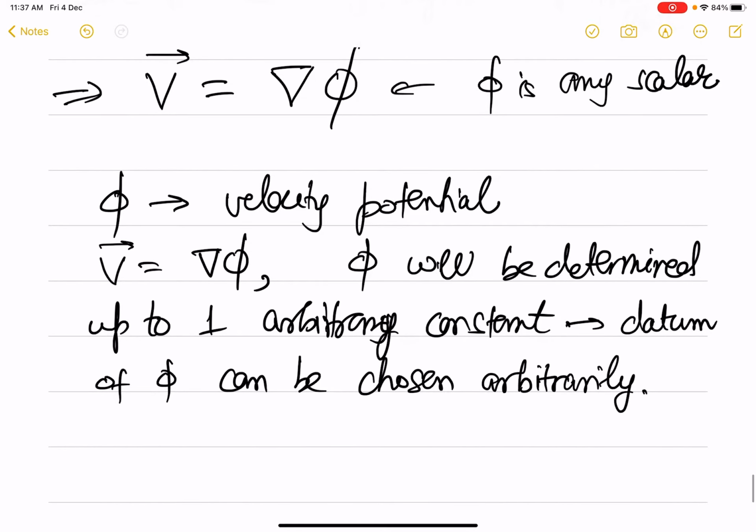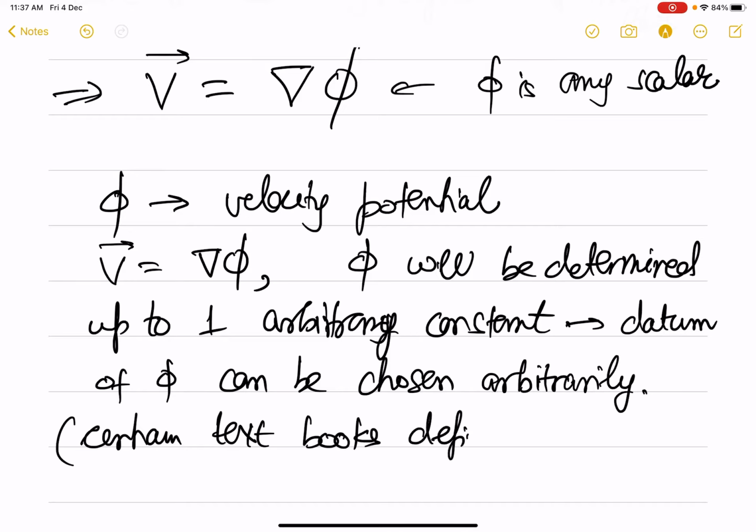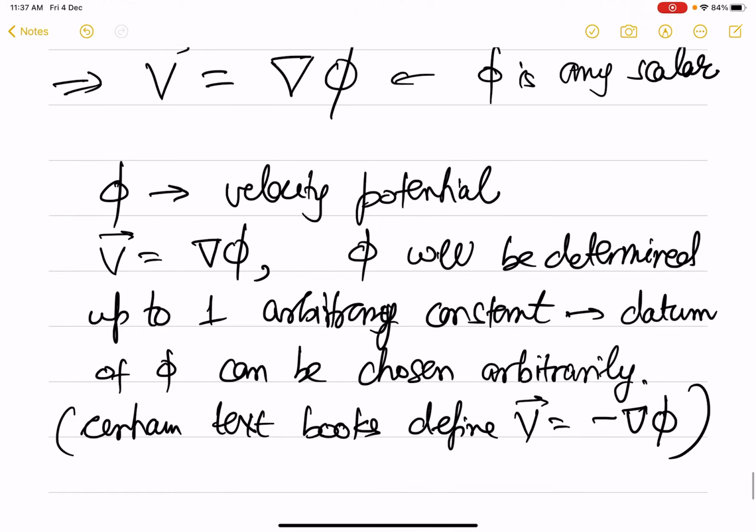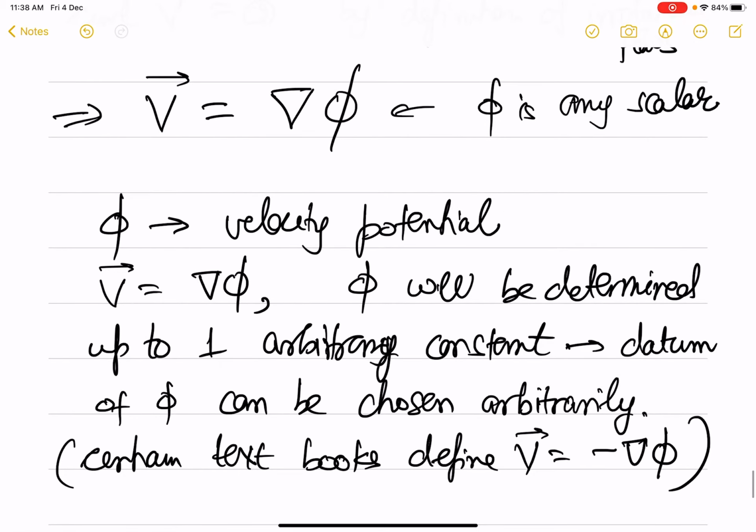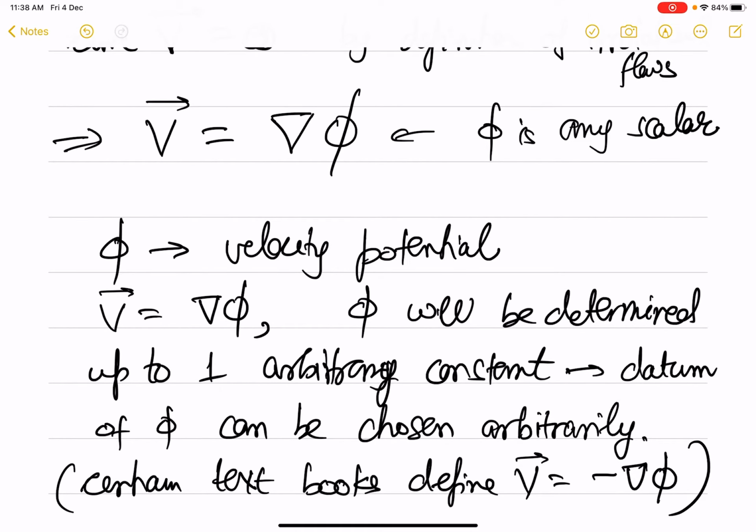Now here another note I will put: certain textbooks define V is equal to minus gradient of phi. And it really doesn't matter. This minus sign comes from the fact that you want the flow to go from higher potential to lower potential. So that is why you put it as minus gradient of phi. But in this lecture, in this course, we will be using the notation gradient of phi.